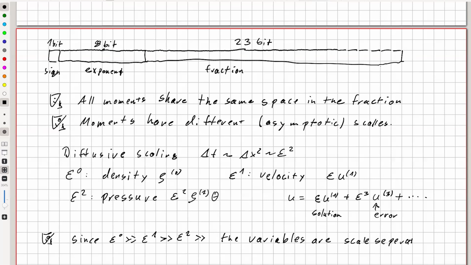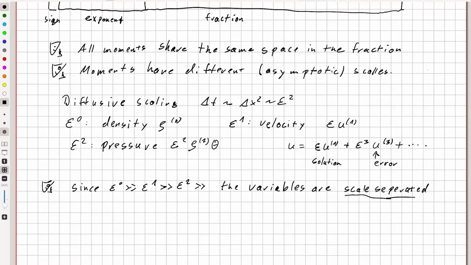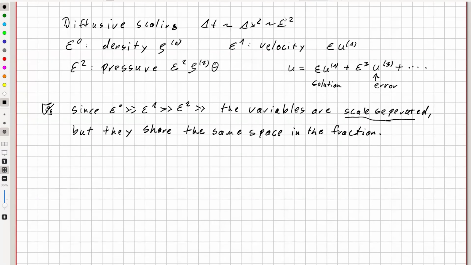Again, this is also so in the Navier-Stokes equation, but here we store these things together because they share the same space in the fraction. And this causes problems. So let's really look at this.